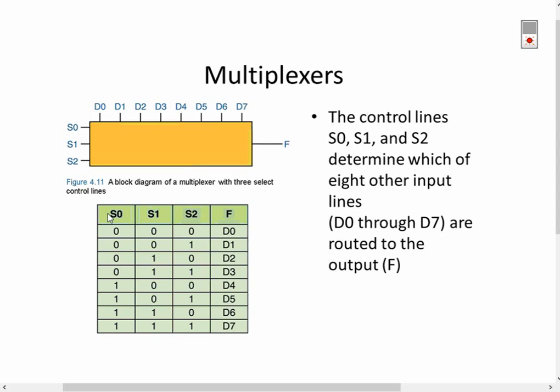And so if the values of S0, S1, and S2 are 0, 0, and 0, then it's going to select D0 as the input to send to the output, which is F. On the other hand, if I were to have the values of 0, 1, and 1, it's going to select D3. So whatever's coming in on D3, and this is selected as 0, 1, and 1, then that output's going to be sent through to F. And that's essentially how a multiplexer works. And as we get into designing our ALU, you're going to find that this is extremely valuable.